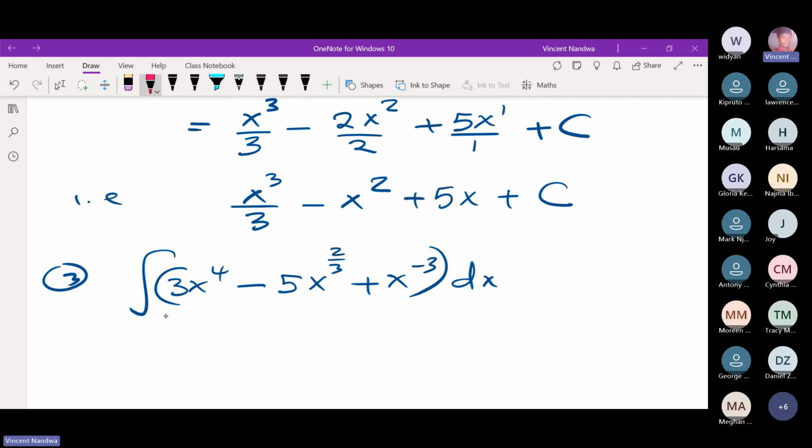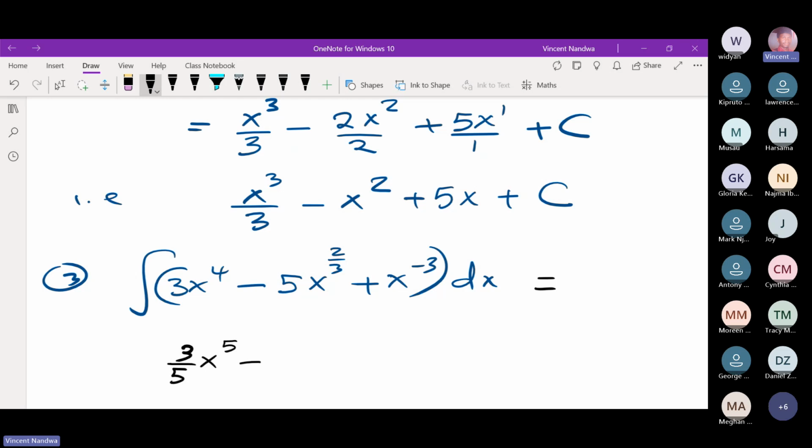So the first one will be 3x power 5 over 5, so you have 3 over 5 x power 5. Then minus 5x power 5 over 3 over 5 over 3. Can you simplify that fraction? When you add 1 to 2 over 3, you get 5 over 3.